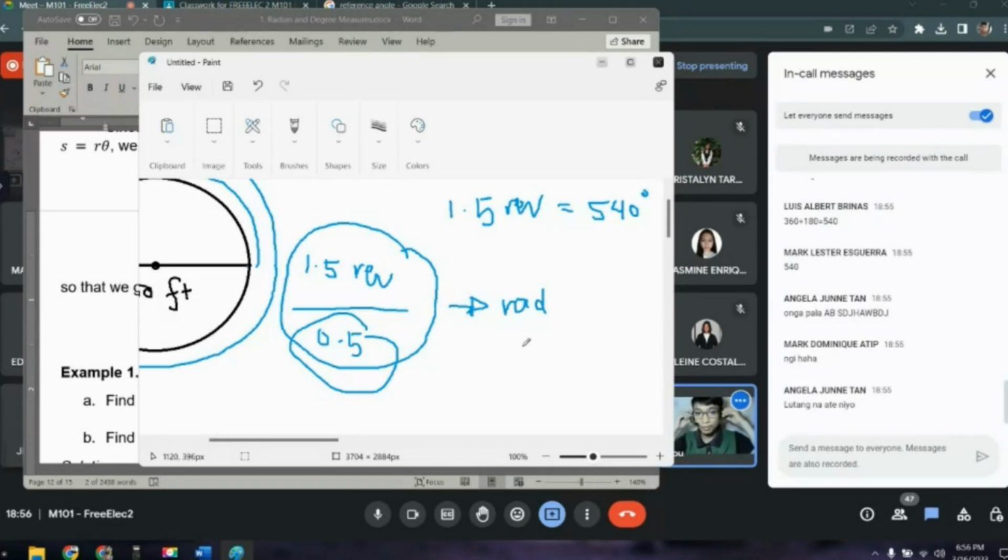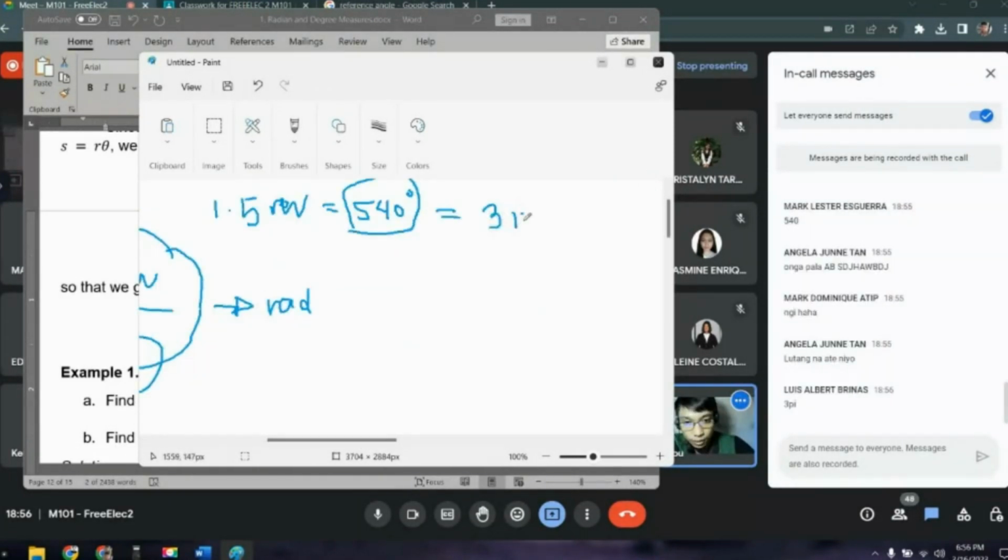Okay? So, 540 degrees is equivalent to how many pi radians? This is equivalent to 3 pi radians. And then from there, we can get the angular speed.